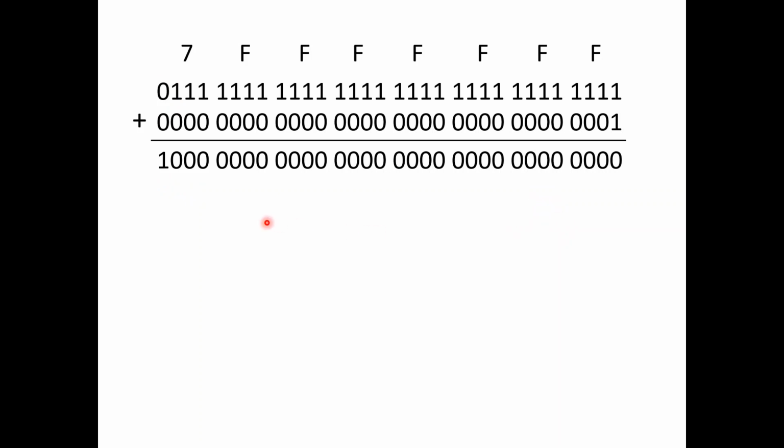And the last one, overflow. To check for overflow, we need to know the range of a signed 32-bit number, where the minimum number is -2,147,483,648, and the maximum number is +2,147,483,647.